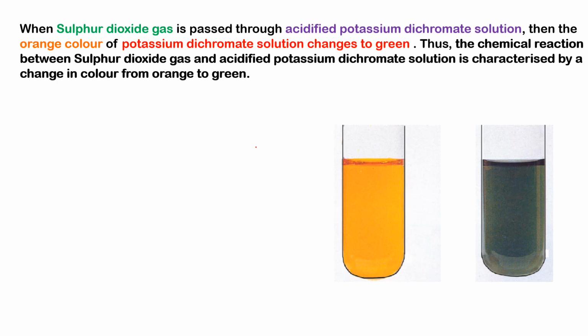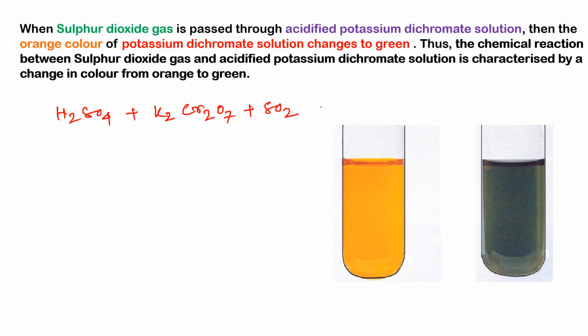Now sulfur dioxide gas is passed through an acidified potassium dichromate solution. Acidified potassium dichromate solution means H2SO4, this is the acid, and potassium dichromate, that is K2Cr2O7.